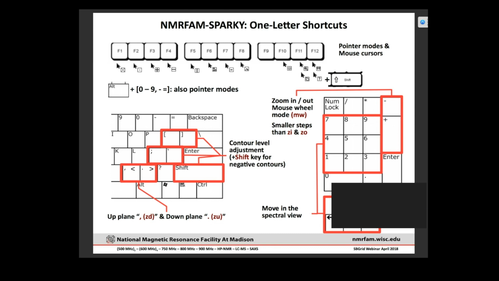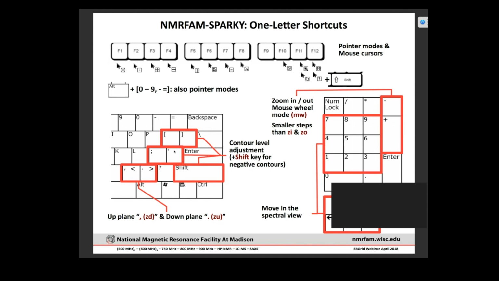And so there are 1-letter keys like contour level adjustment. If you use these brackets, the contour line gaps will be changed, and the semicolon and single quotation mark are to change the contour level threshold. If you press this single quotation, then the threshold for contour will be lower.